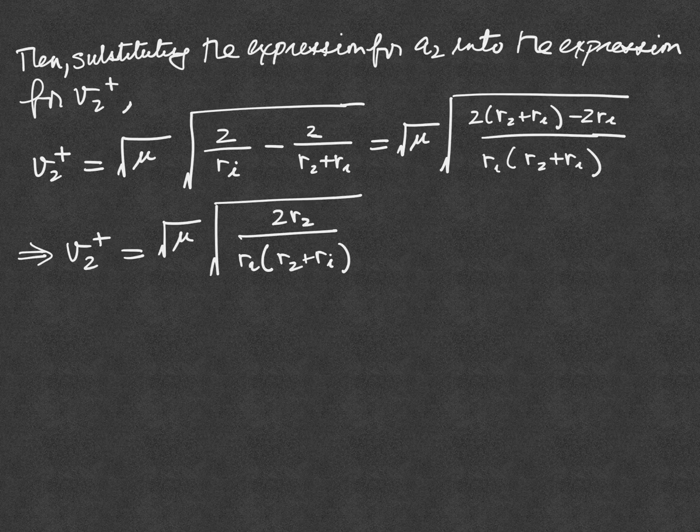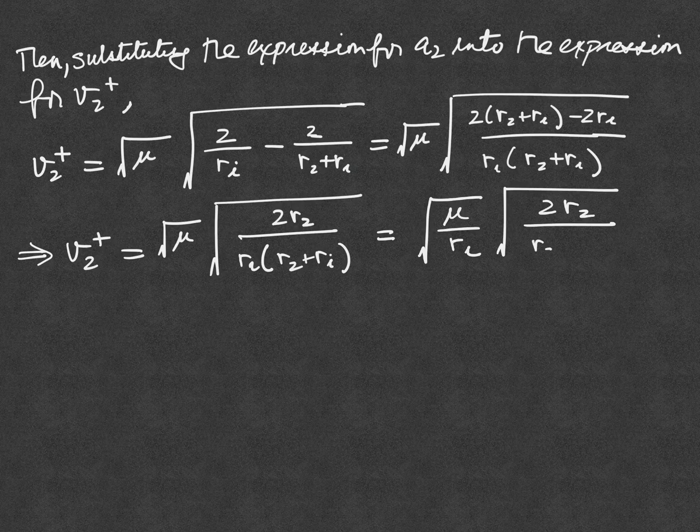So then I can factor out the square root of mu over Ri again, and I get the square root of mu over Ri times the square root of 2R2 all divided by R2 plus Ri.